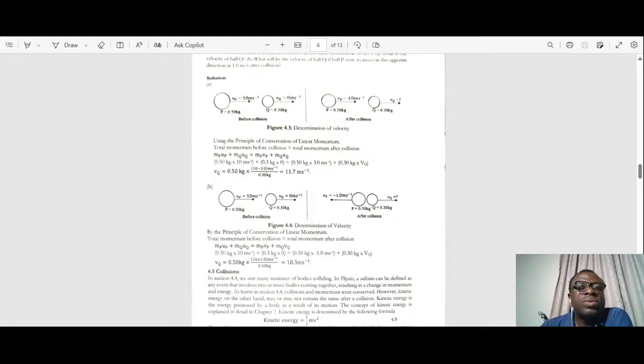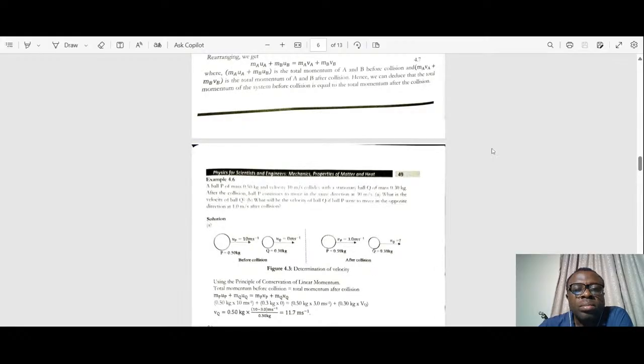So the collision. Now, if you look at this, we have an example here. That is example 4.6.